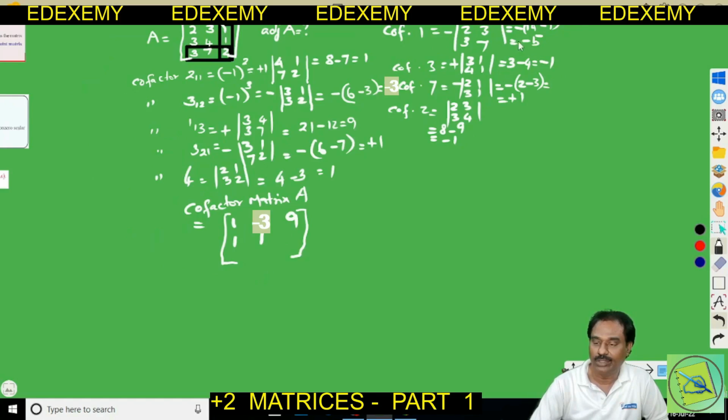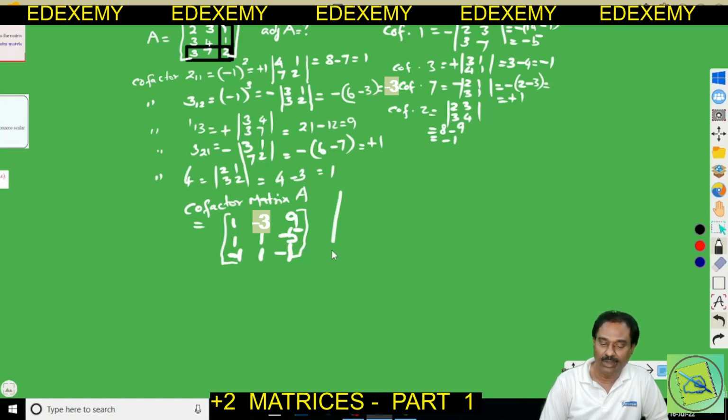This is minus 5 here. The next one is minus 1, and the next one is plus 1. Now the last one is minus 1. So we have formed a cofactor matrix. This is called a cofactor matrix.